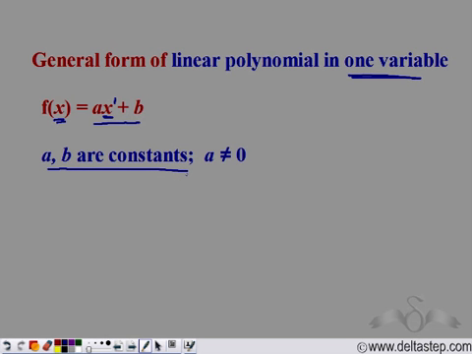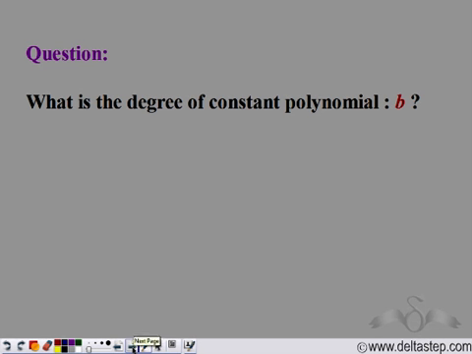Why? If a is 0, this will become b. And what is the degree of this constant polynomial b? Because b is a constant. Now b can be written as b times x to the power 0, because anything to the power 0 is 1. This is b times 1, that is b.